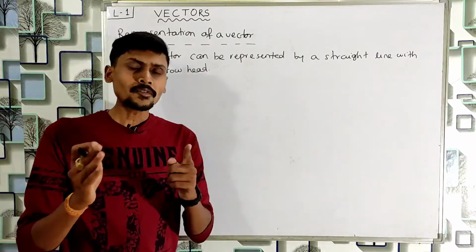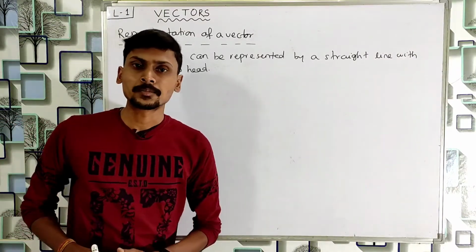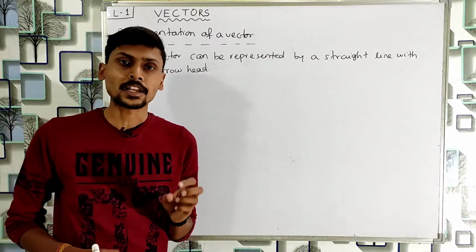So the length of that straight line represents the magnitude of the vector and the arrowhead, the arrow mark, represents the direction.